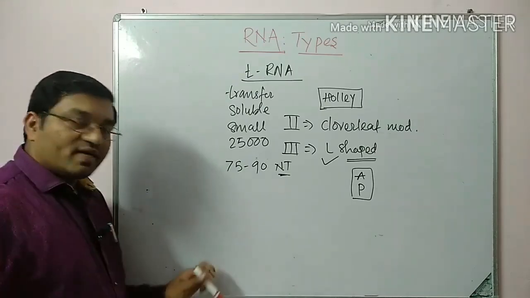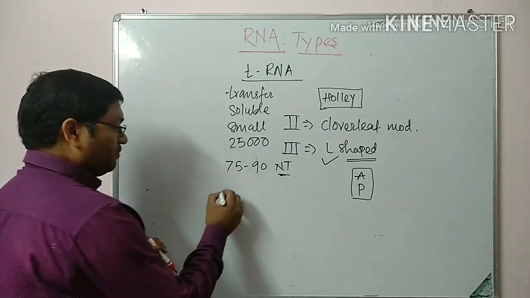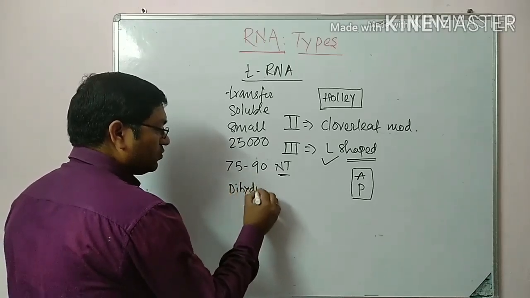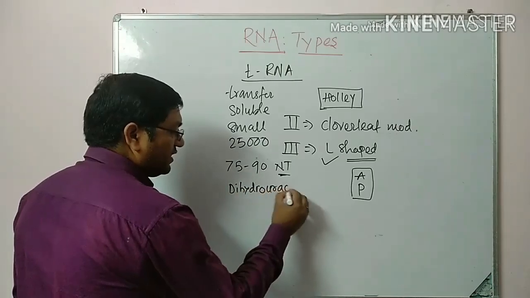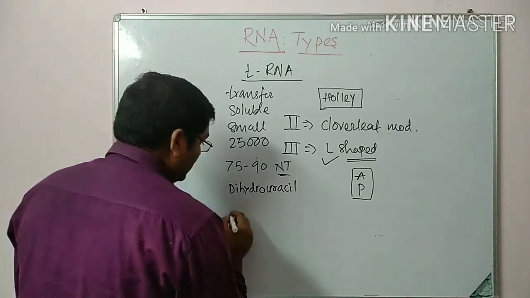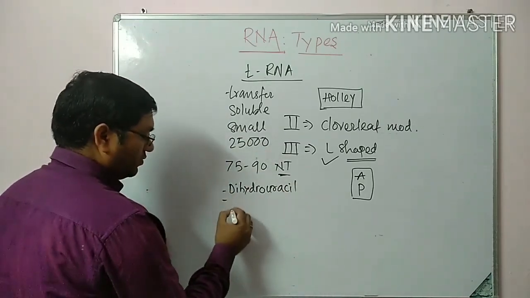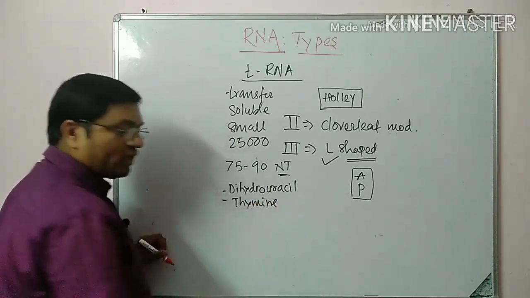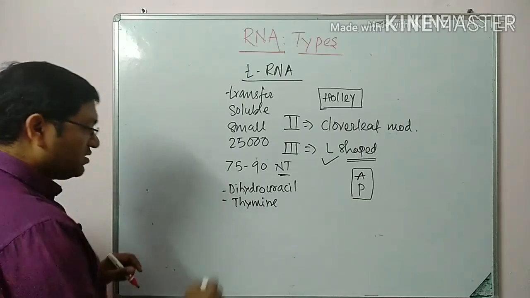There are unusual bases in tRNA. For example, dihydrouracil is an unusual base in tRNA. Then thymine, that is ribothymine, is an unusual base.